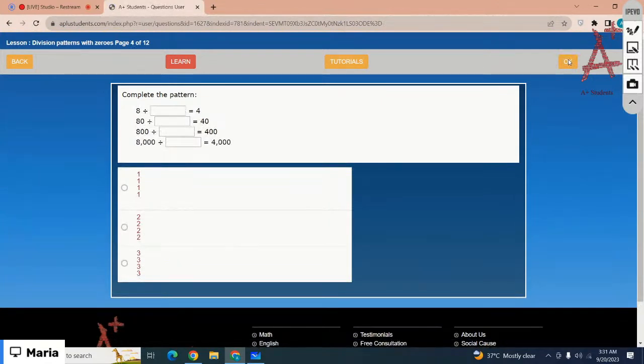Okay, complete the pattern. 8 divided by what number equals 4? Which is the correct option? That would be the second one. 8 divided by 2 is 4. Very good.